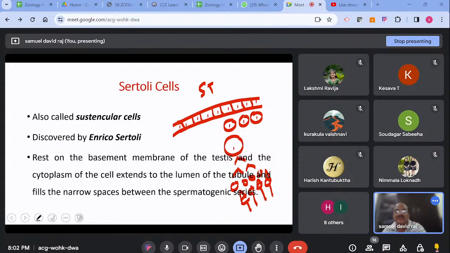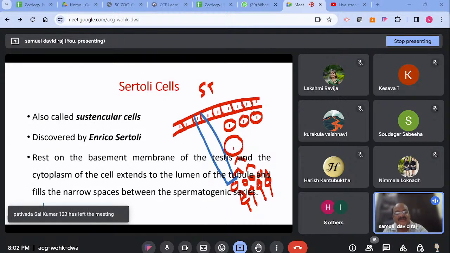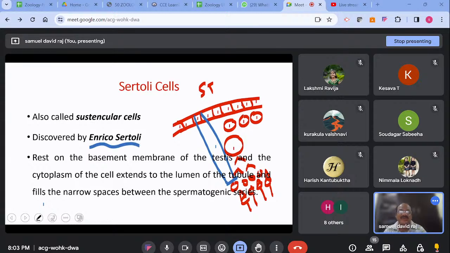And these sperms should be nourished throughout this entire path. For that nourishment, there are long cells which are called sustentacular cells. They were described by a scientist called Enrico Sertoli, hence they are called Sertoli cells. The sperms, with their head, are attached to the Sertoli cells, from which they draw their nutrients.